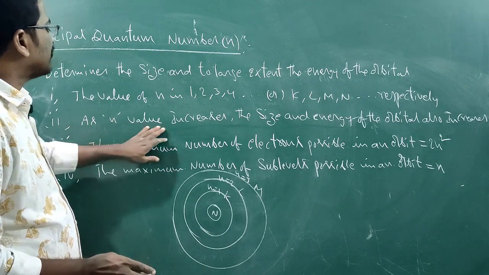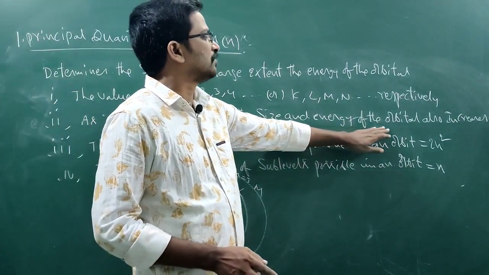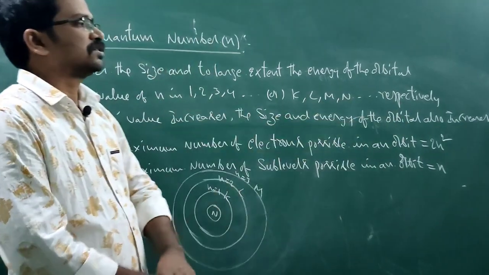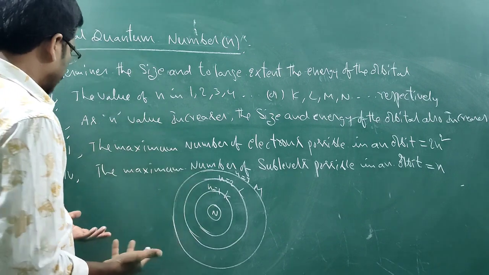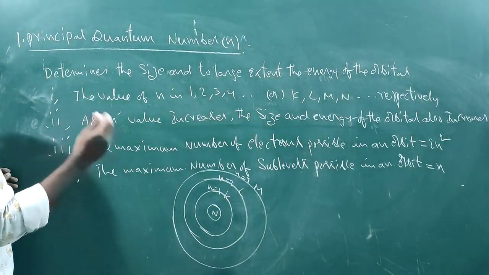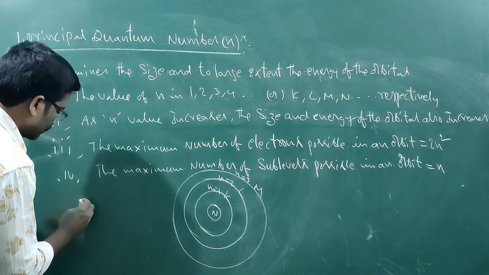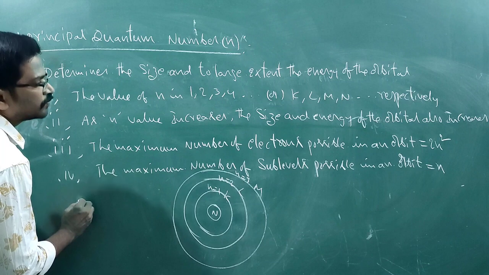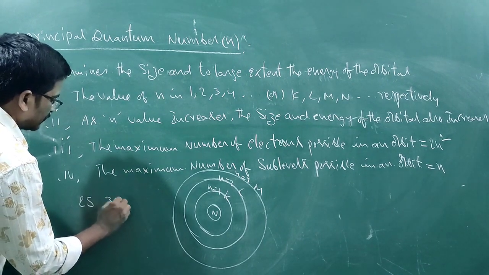As the n value increases, the size and energy of the orbital also increase. What does it mean? Let us take an example, the 2s orbital and the 3s orbital.